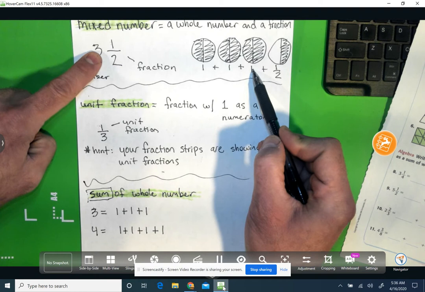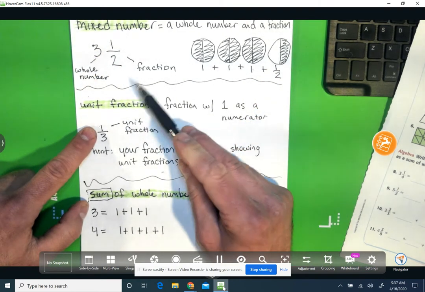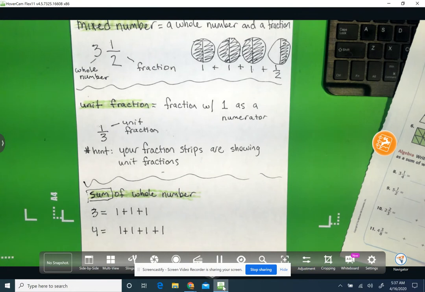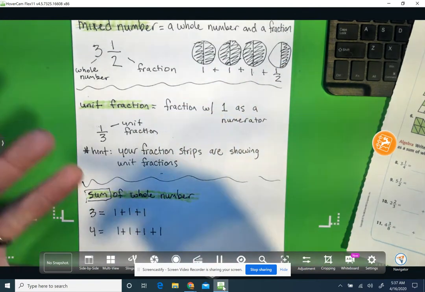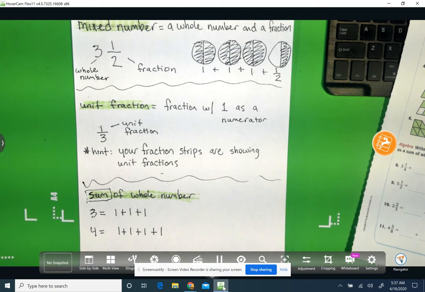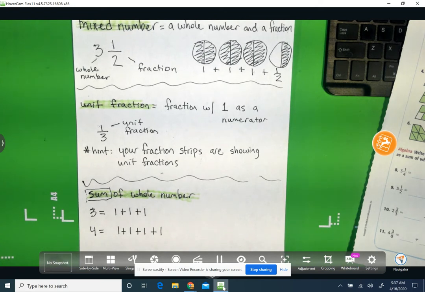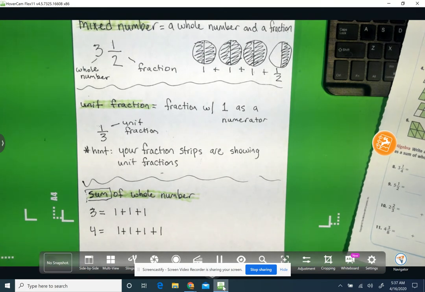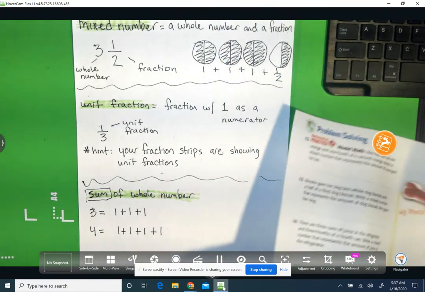And then you add your unit fraction, your 1/2, 3 and 1/2. So going back into unit fractions, I'll give you some guides on how to write out unit fractions for fractions that are not unit fractions or do not have 1 as a numerator. So let's take a look here at our independent practice.